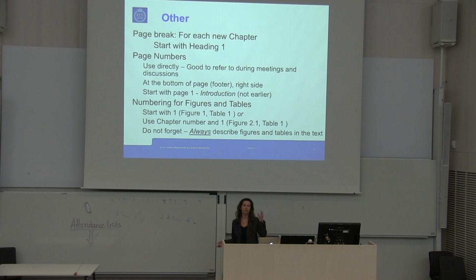You just say 1, 2, 3, 4, and 5, and that's it. The problem with having many figures without using chapter numbers is when you start to shuffle the figures around, then your figure numbers will actually be out of order. So think about that when you do that.